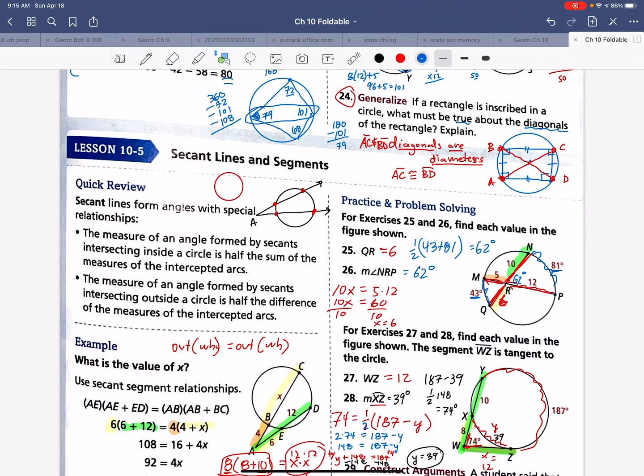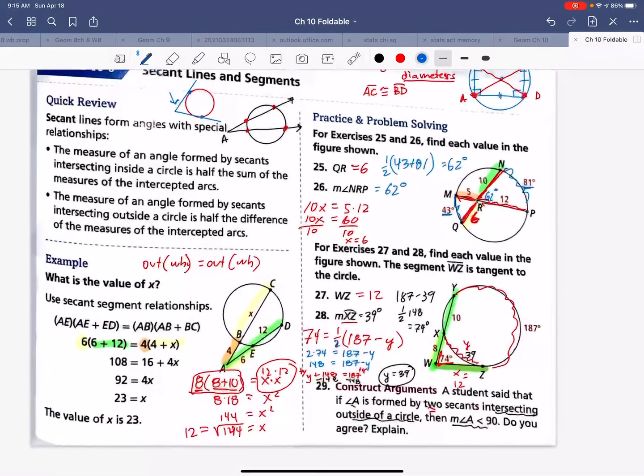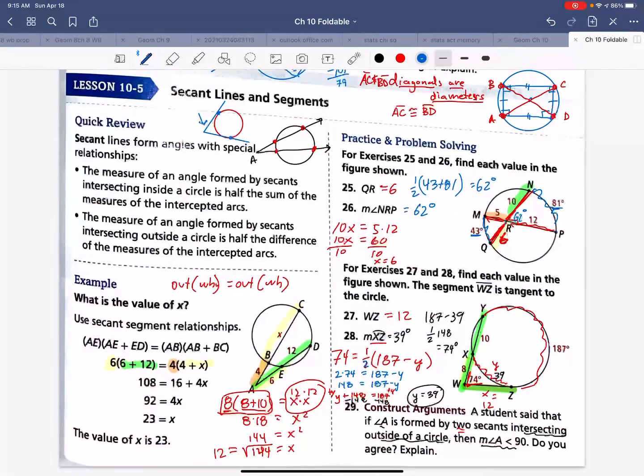If we try to make angle A too big, even as big as possible and turn these into tangents, that's still an acute angle. So I think, do you agree, explain? Yes, agree.